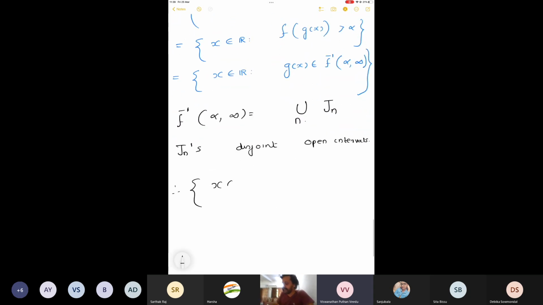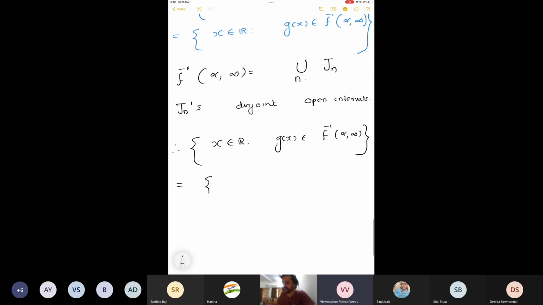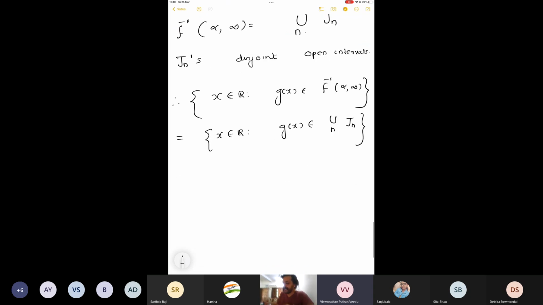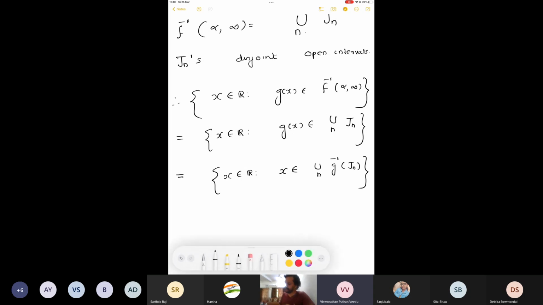The collection of all x in R for which g of x lies in f inverse of (alpha, infinity) is the same as the collection of all x in R such that g of x is in the union over n of Jn. And I claim that this set is the collection of all x in R such that x is in the union over n of g inverse of Jn. Again, I will leave it to you to verify this.